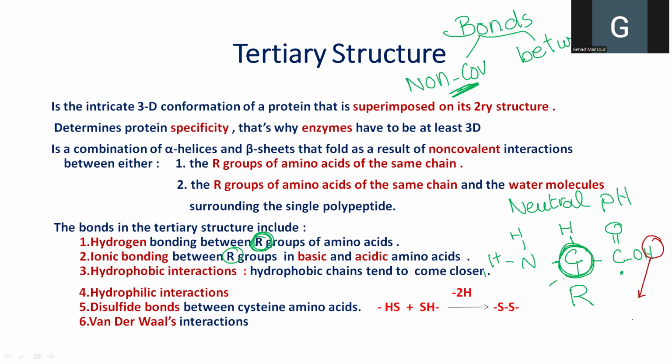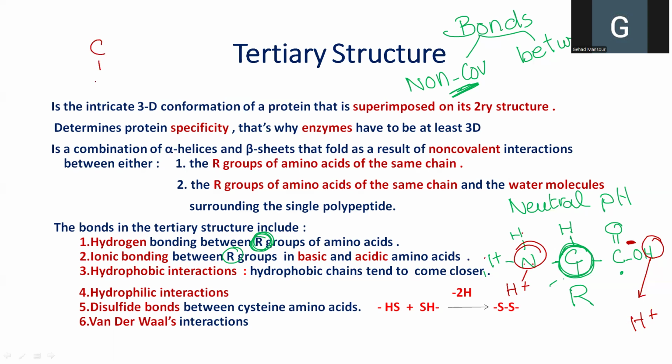It will lose this proton into water, and the oxygen will carry a negative charge because it lost the hydrogen. And this NH2 group can acquire a proton, and we will have this nitrogen atom carrying a positive charge because it's no more NH2, but it is NH3. So the final shape would be like this.